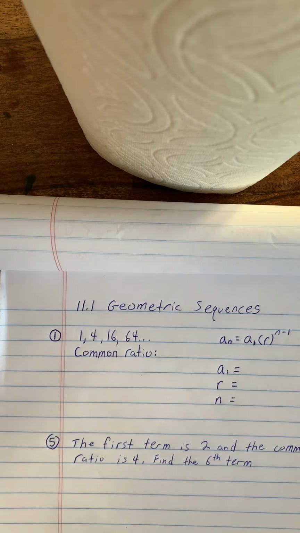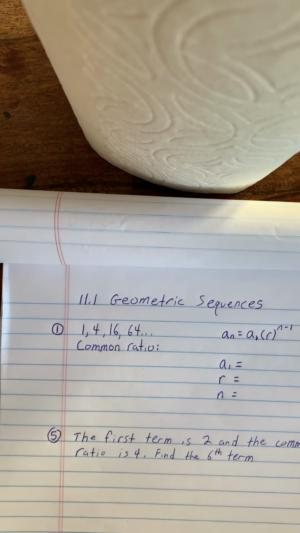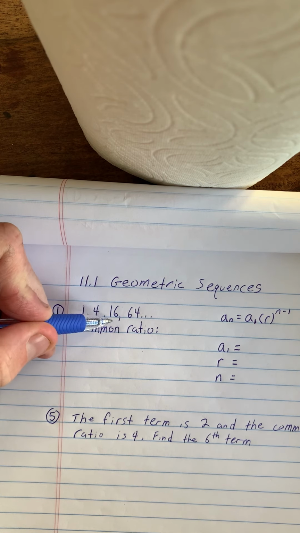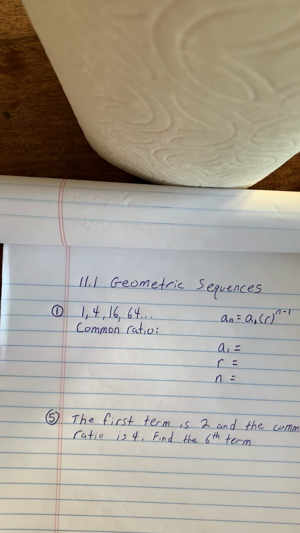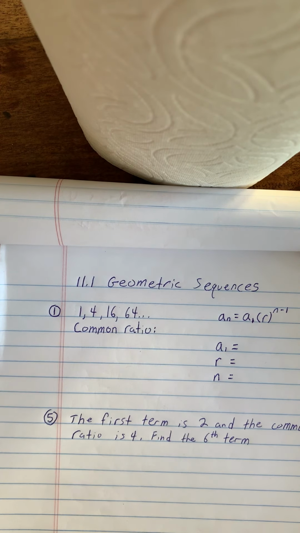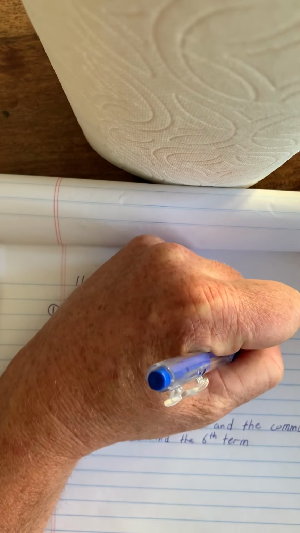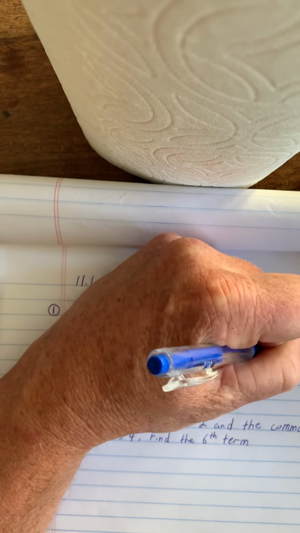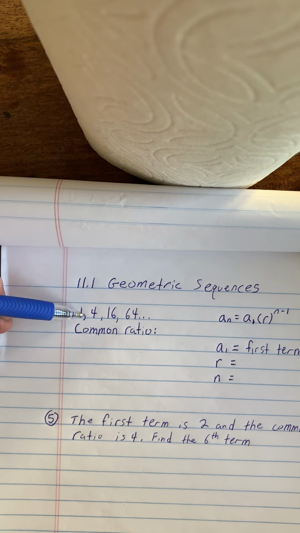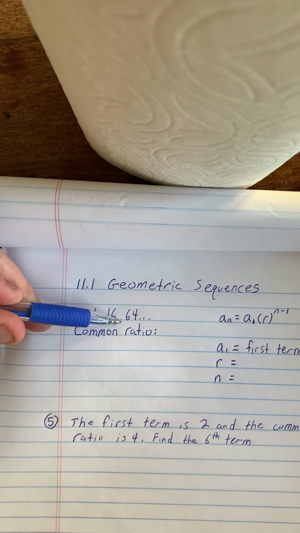All right, for number 1, here's what we're going to do. The directions say let's find the next 3 terms and let's identify what the common ratio is. The common ratio is what we're multiplying by, not counting. It's going to be multiplying every time. So in this case, I'm just going to identify a couple of players here. A1 is the first term. And then R is the common ratio, okay?